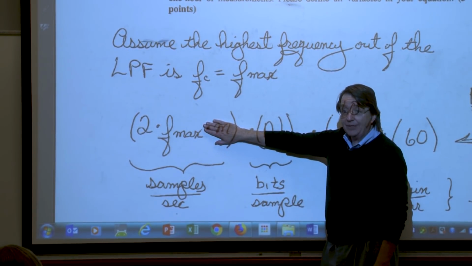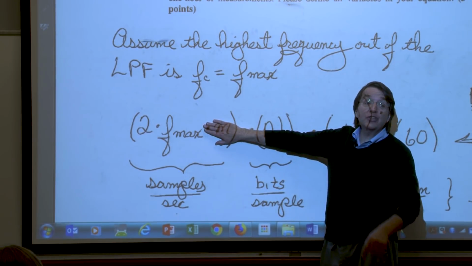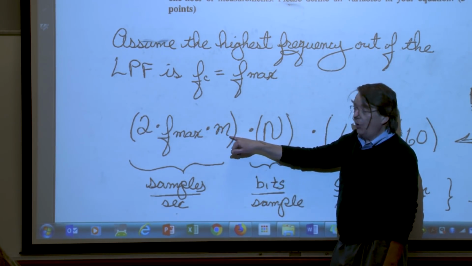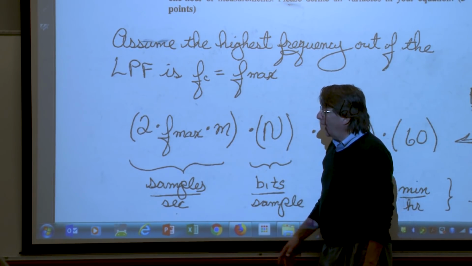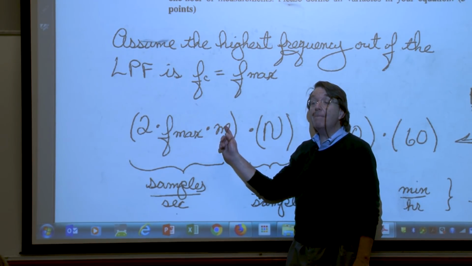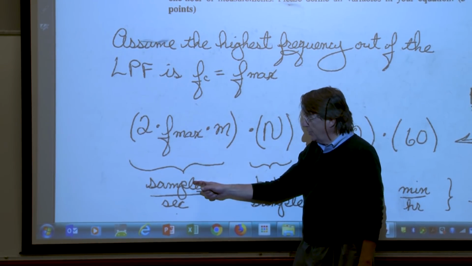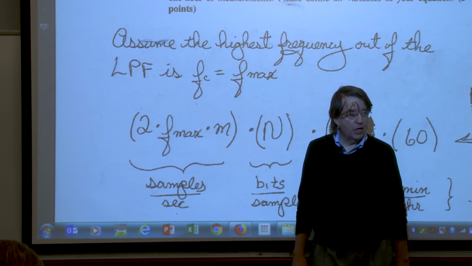2 times f max. But I mentioned in the problem, we oversample. So M is like 1.25 or 1.5. So I don't sample 2 times f max. I sample 2 times M f max. What are the units? Samples per second. Exactly.